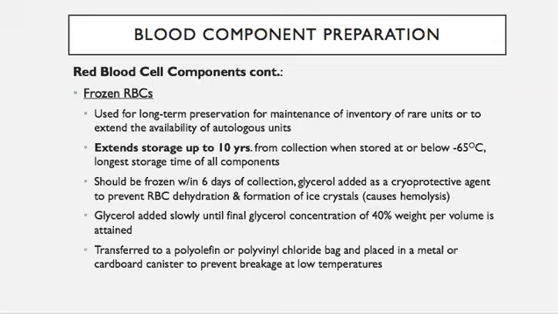Glycerol gets added as a cryoprotective agent to prevent the red cells from dehydrating, and it also helps prevent formation of ice crystals, which can cause hemolysis. The glycerol gets added slowly until a final glycerol concentration of 40% weight per volume is achieved, and then it's transferred to a polyolefin or polyvinyl chloride bag and placed in a metal or cardboard canister to prevent breakage at low temperatures.